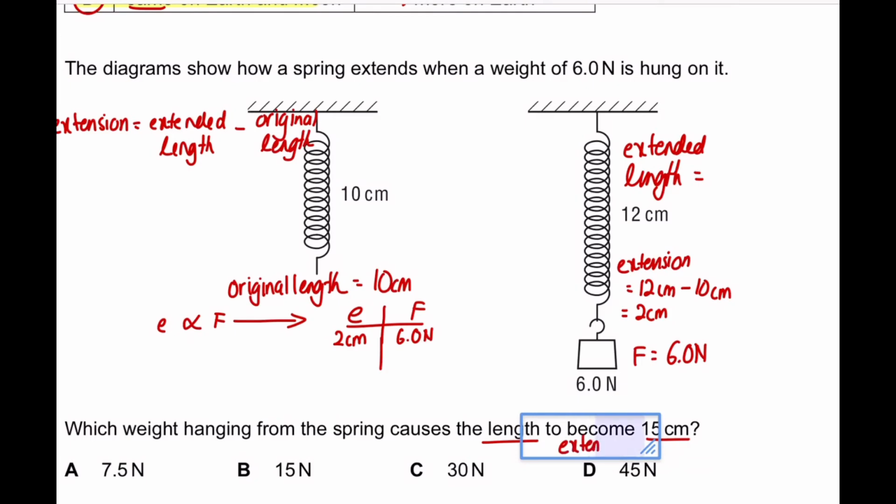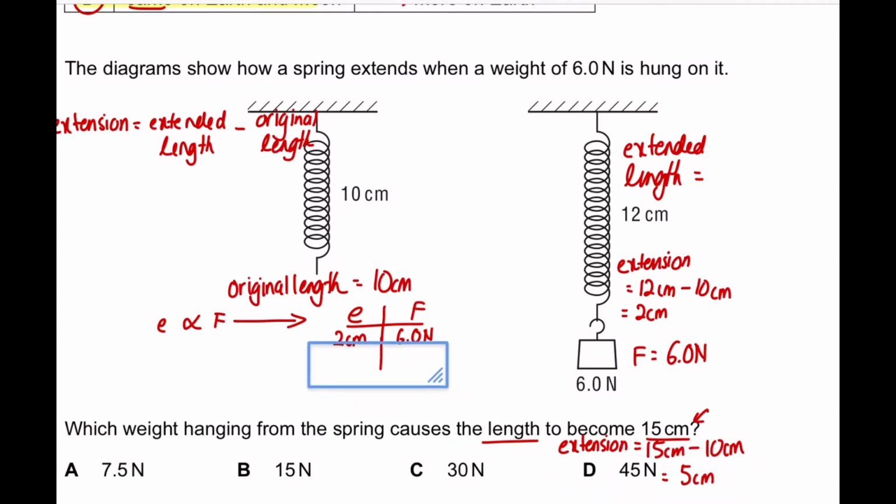Using the same formula, extended length is 15 centimeter, and the original length is 10 centimeter. Deducting them will give you 5 centimeter of extension.